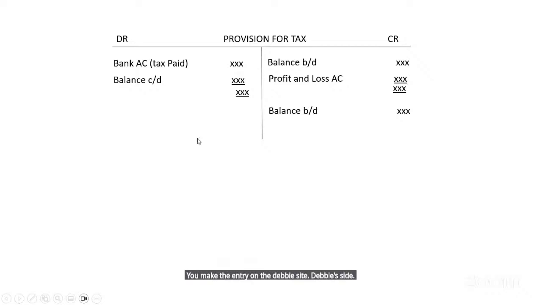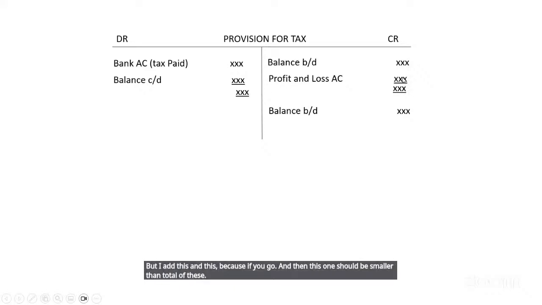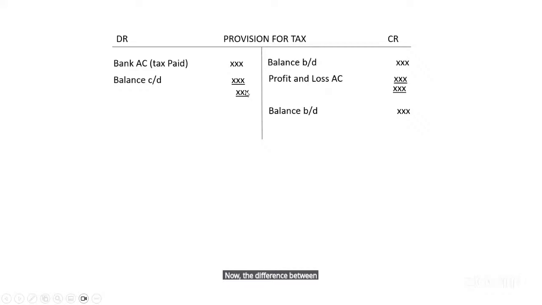Now, in the current year, what is the balance of tax that is still unpaid? We call it balance carried down. You post it here. By the time you add this and this, you get the figure, and this one should be smaller than the total of this. The difference between this figure and the total becomes your profit and loss account.